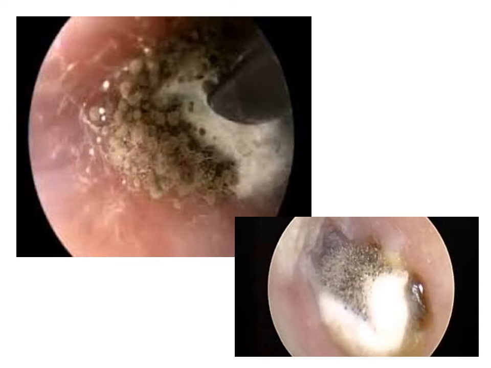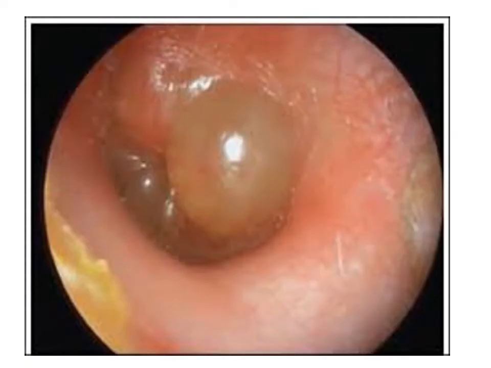So otomycosis is a very important 2 marks question, and it may also be asked as an MCQ what the most common organisms are. I want to tell you one thing. Whenever you go to the UK exam, without otomycosis there won't be any exam. Anyone preparing for the USMLE or FLAP, without otomycosis there won't be any exam.